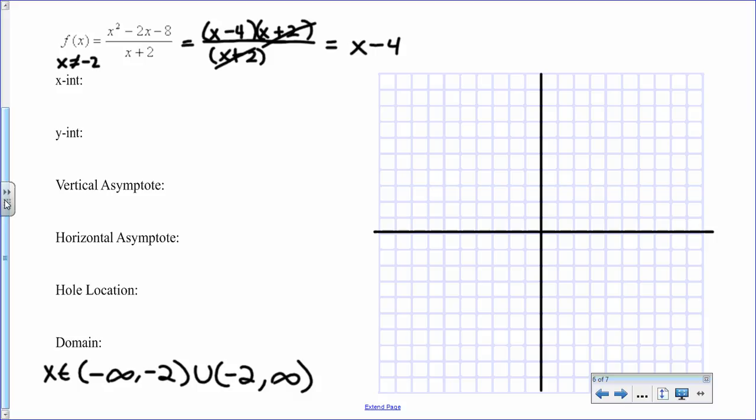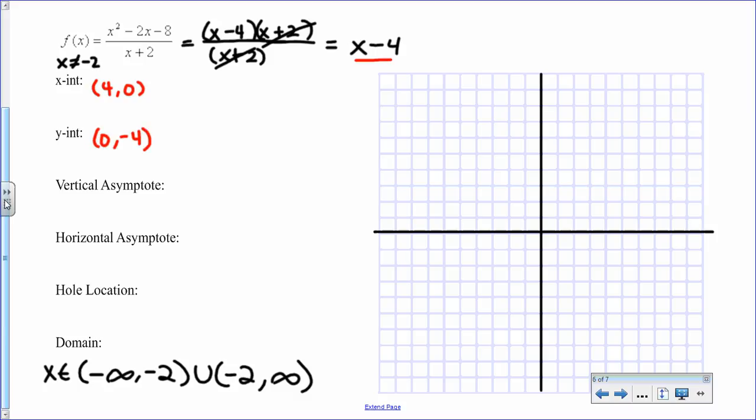Okay, so I would have one x-intercept that's at 4, 0. I should be able to tell my y-intercept without having to plug 0 in for x, but you can. So here's my equation. What's the y-intercept? Negative 4.